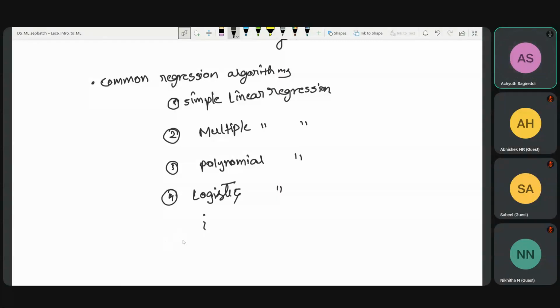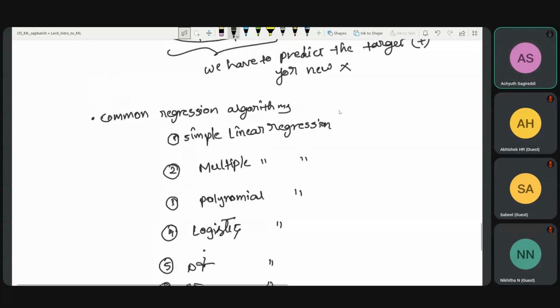We have a lot of regression algorithms, for example, fifth one is decision tree regression, sixth one is random forest regressor. Out of which we'll discuss the first one and second one, and also the fourth one. This is a classification algorithm. Why it is classification, we'll see.